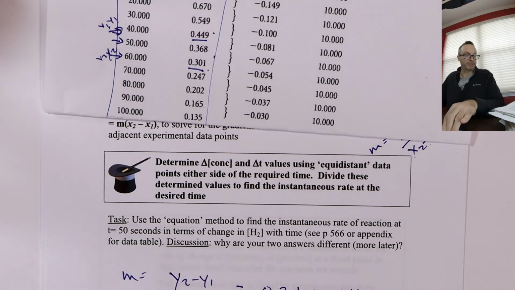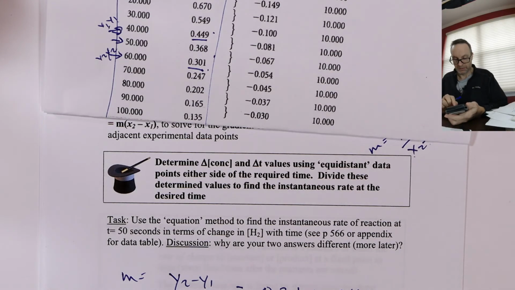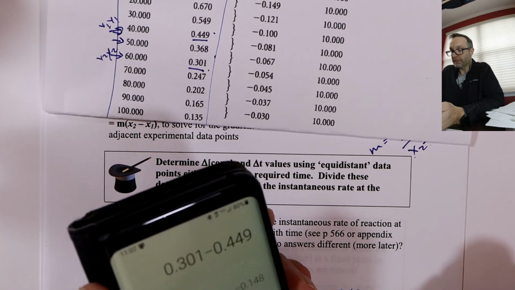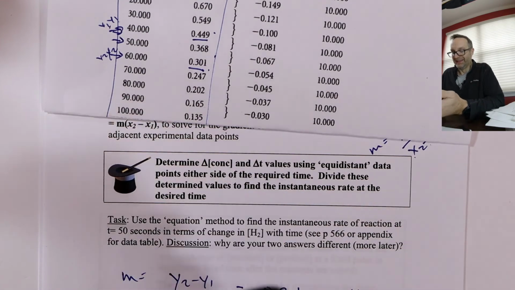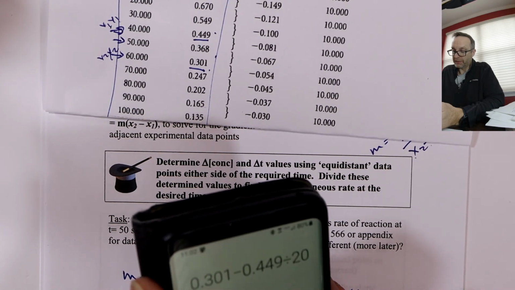Okay, which equals, let's figure it out. Hopefully you got this one. 0.301 minus 0.449 equals minus 0.148 moles per liter. 60 minus 40, I think I can do that, divided by 20, equals minus 0.279 moles per liter per second.